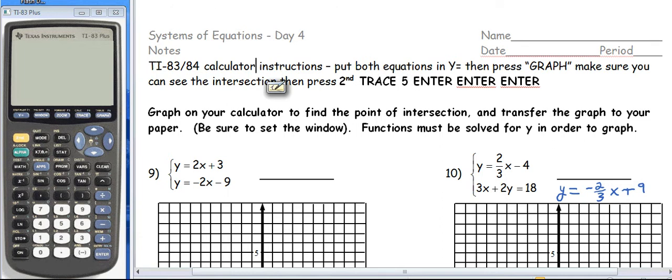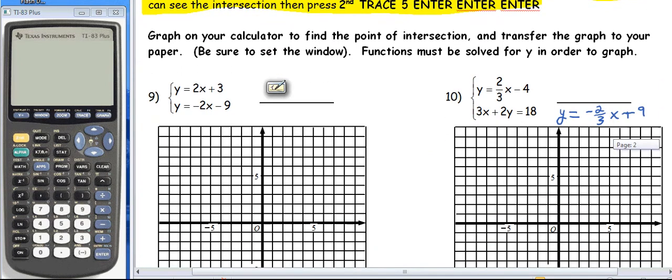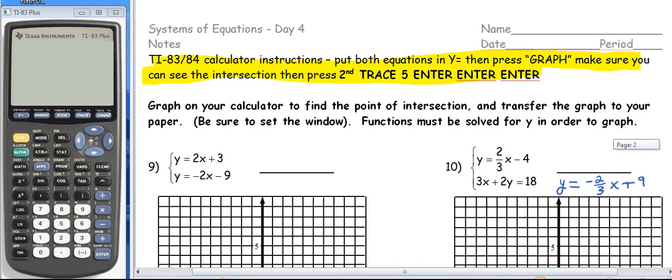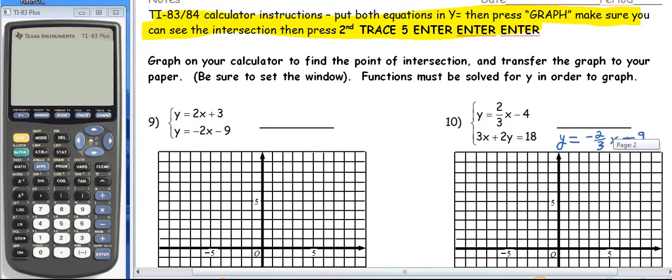So this part right here, you need to copy onto your paper. All right. Well, let me go back up there. Stop the video, copy that down. All right.